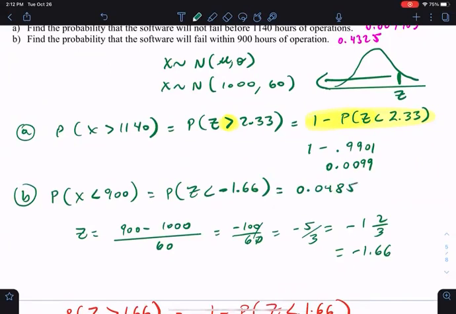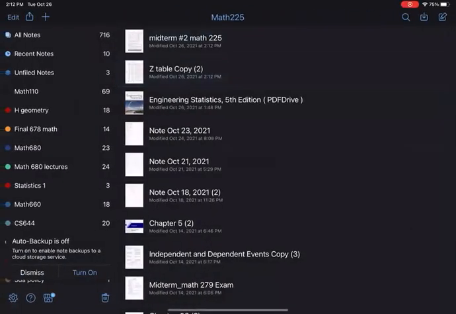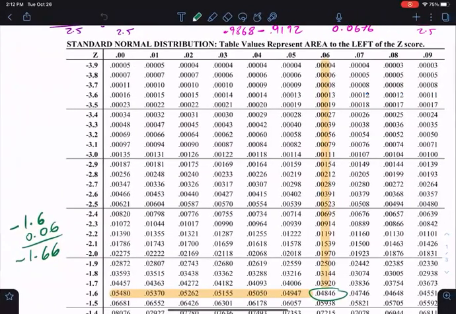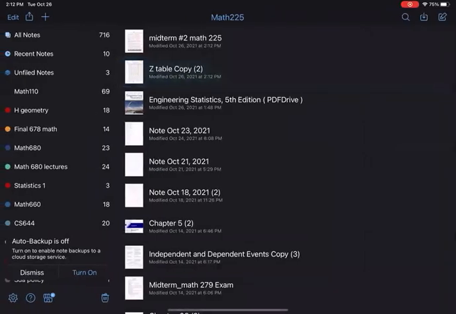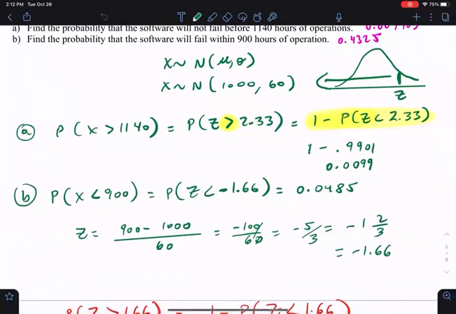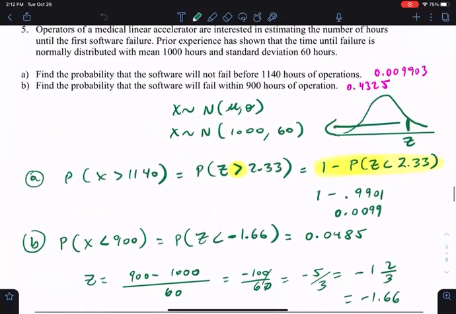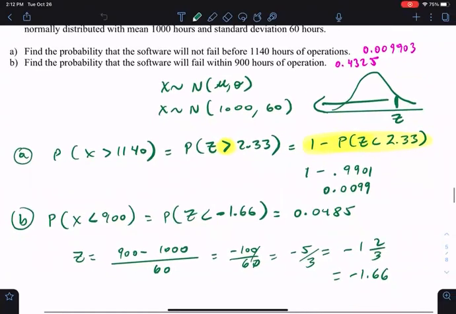About that. We double check: 0.0485. Yeah, about that. Okay, that's it. We're done. That's all you have to do.